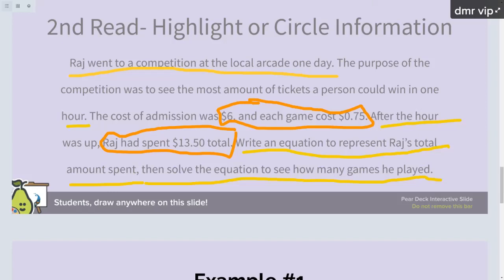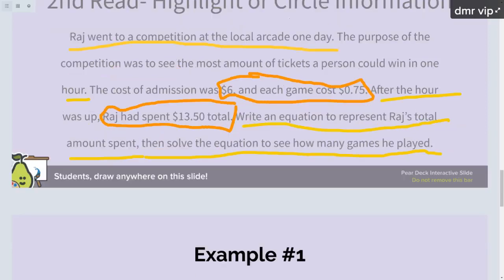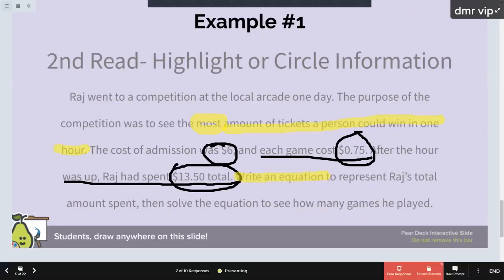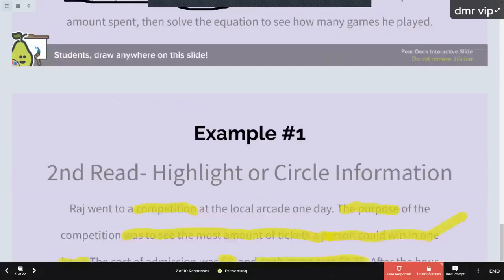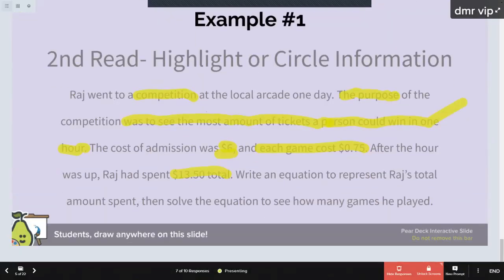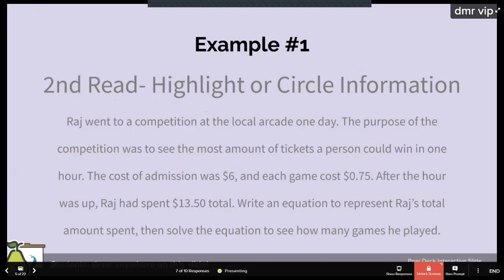Helps you try to kind of remember like what types of numbers you should look at. All right, so we're on the right track.